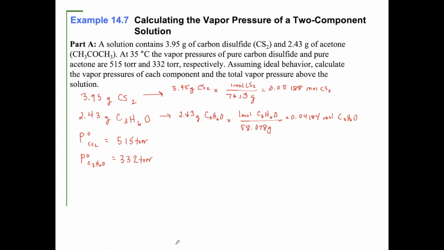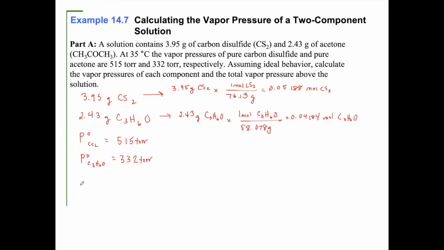Let's find, so going back to the example where we had to find the mole fraction of the solute, we only need to find the mole fraction of one of these, and then we can find the other one by subtracting it from one. So let's just find the mole fraction of the acetone.